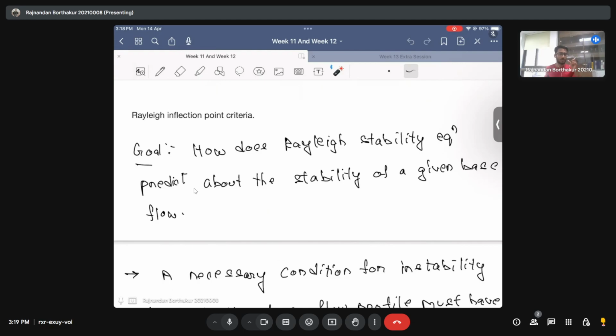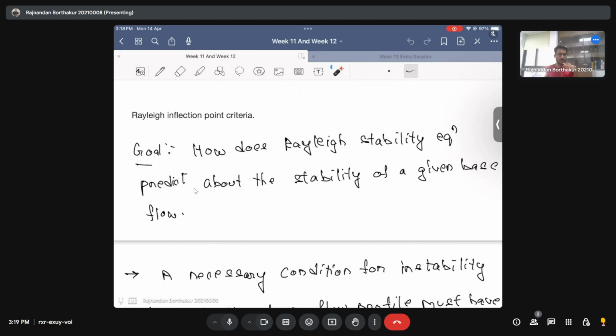Although we have not yet solved the entire Rayleigh stability equation, and I would say that this is beyond the reach of this course, there are certain criteria which use the Rayleigh stability equation to assess the stability of certain base flows.